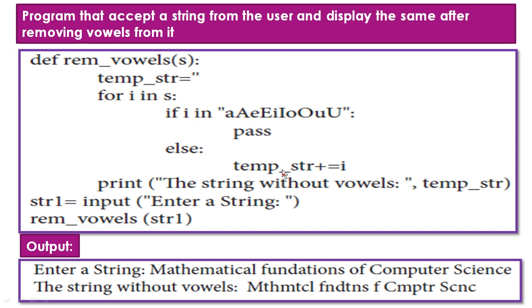So A is not appended to temp_str. In the third one, T is not in the AEIOU list, so temp_str, already containing M, is appended with T. So we get the result M and T, and so on up to the result without the vowels. This string doesn't contain any vowels, by doing this search process.